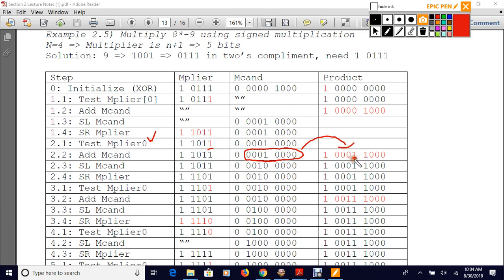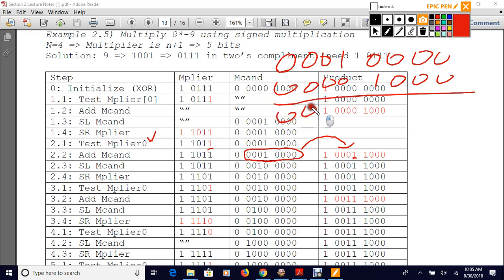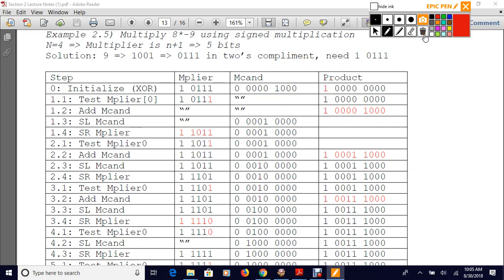When you add 0, 0, 0, 1, 0, 0, 0, 0 to it, it pretty simply comes out to what we have here. And as before, we maintain the most significant bit because we know that we're getting a negative number.